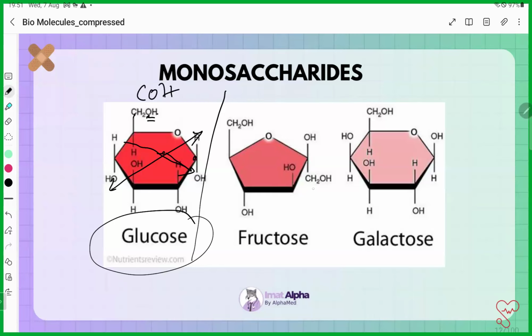Yeah, fructose is a ketose. It will have ROH. It's gonna have a radical and the hydroxyl group together. Let's say you're gonna have carbon, a radical, and H.